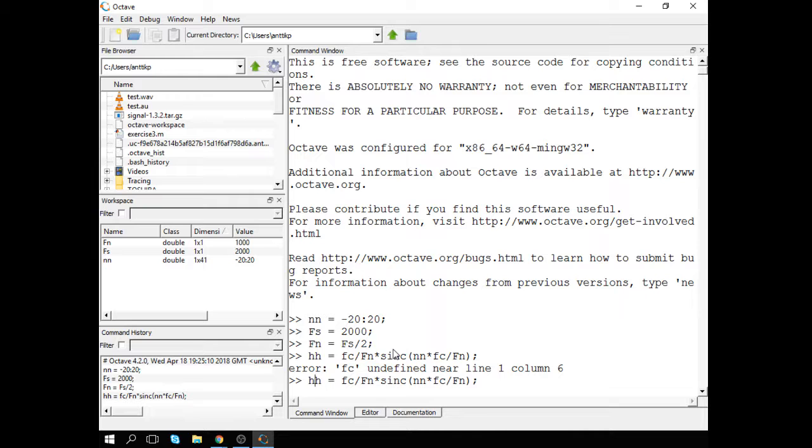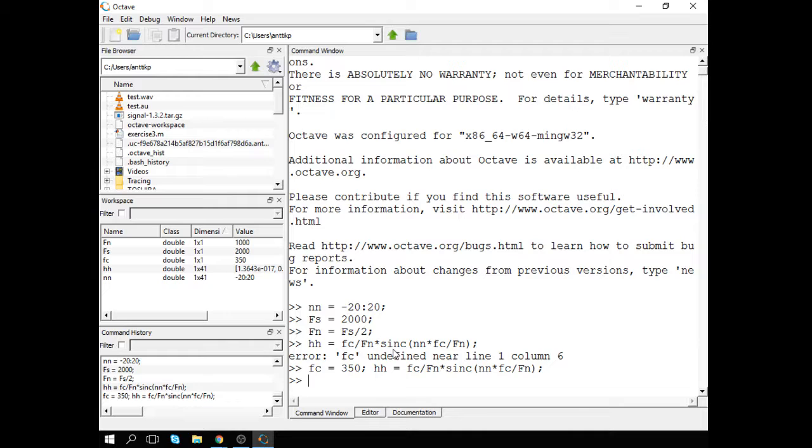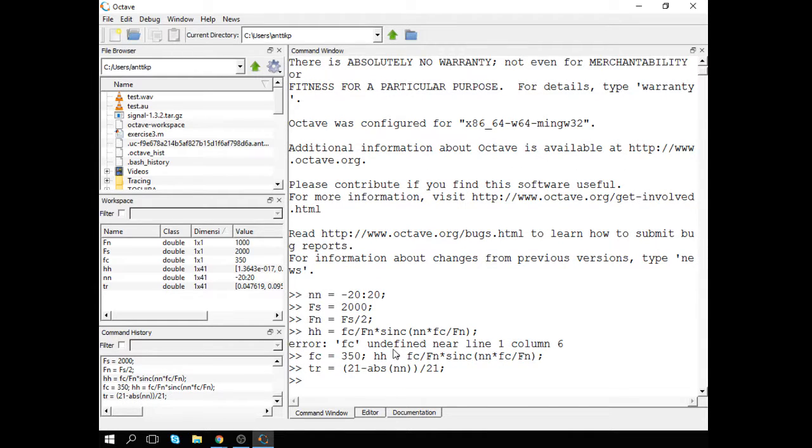Fc was 350 there. And then I have the TR function, which is 21 minus absolute value of n, divided by 21. And this was the place where it hangs up. That's fine. Welcome. You just missed the one thing, that my Octave actually crashed.